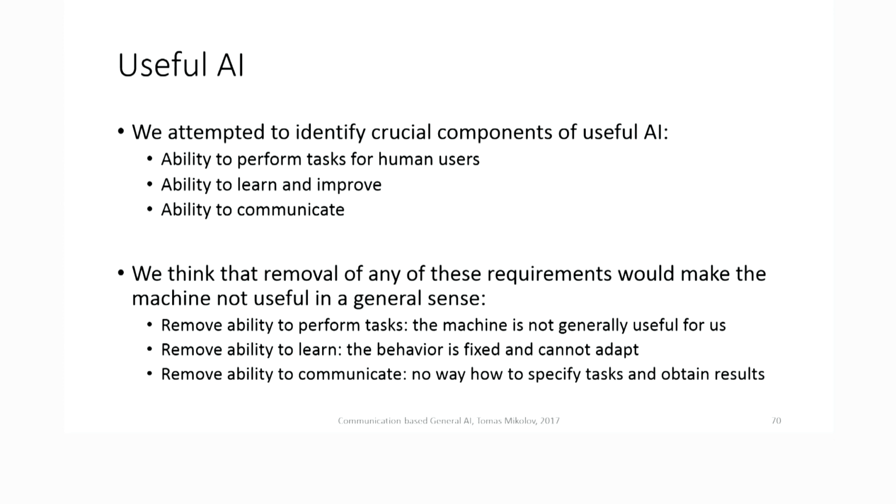So this is something that we are aiming for, these general points, like learning through communication. We really believe that these abilities are necessary, that if we would remove any of them, then we would not really end up with the useful AI.